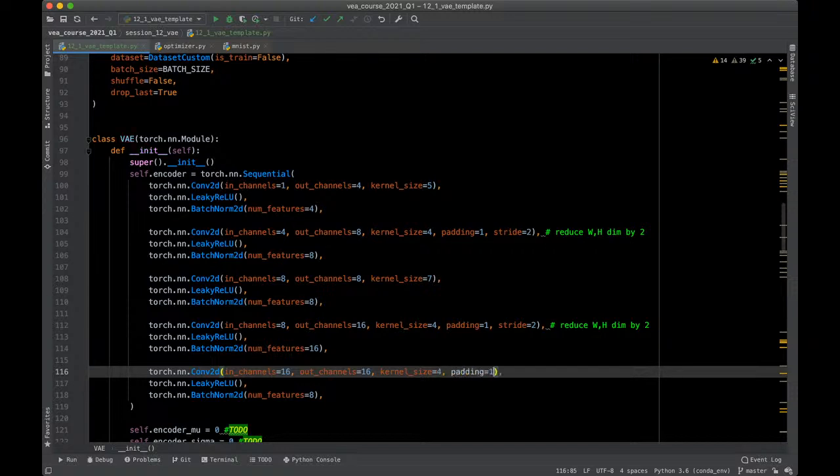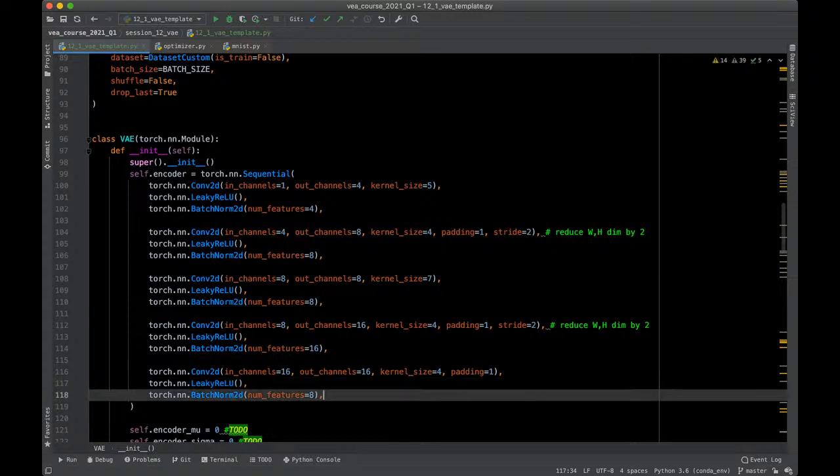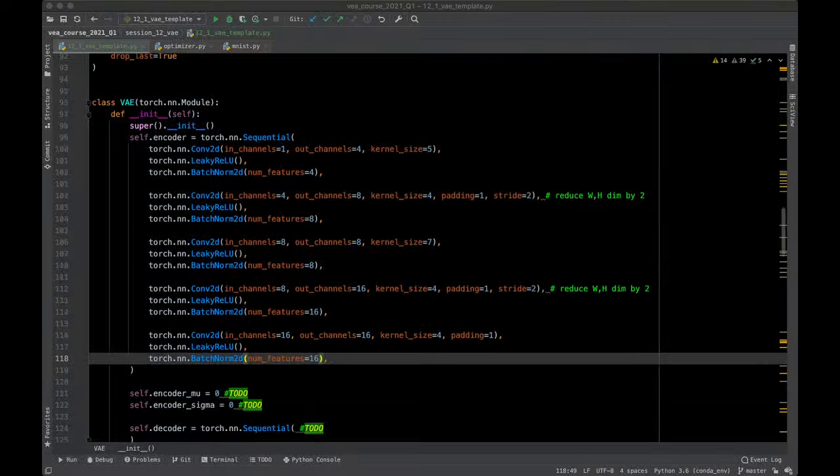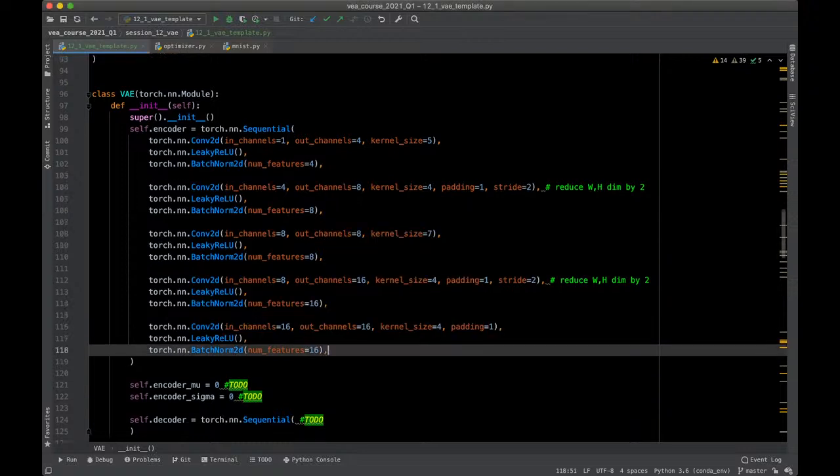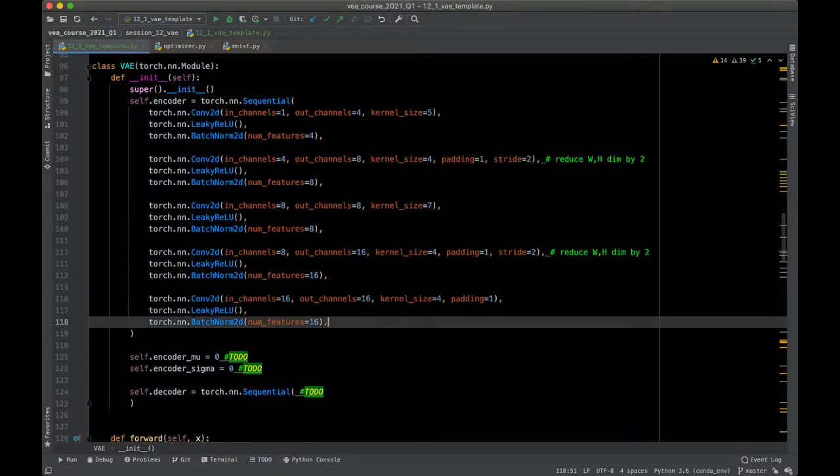Again, this is definitely not optimal, this is just something that works. If you plug the numbers into the formula, at the end we should get the size 1 by 1. That is the reason why I'm doing all this. At the end I want to have the size batch 32, 1 by 1. That is what I want.